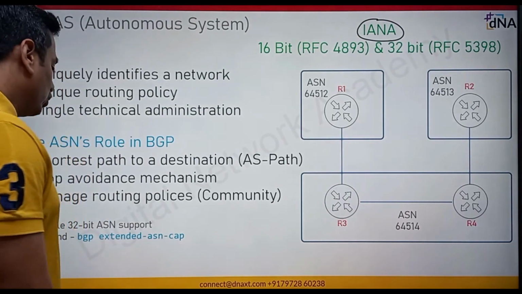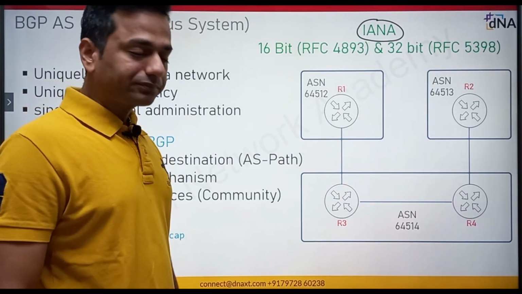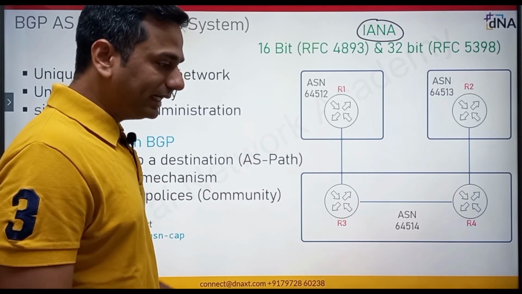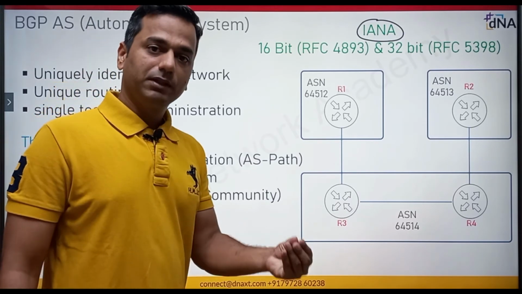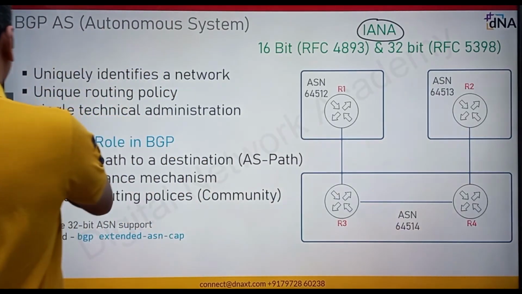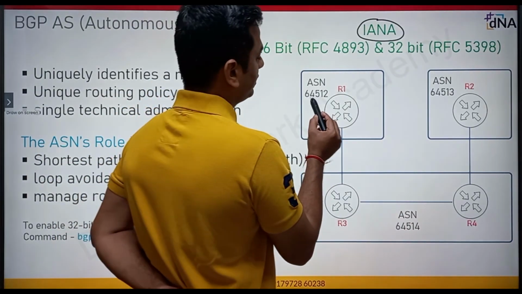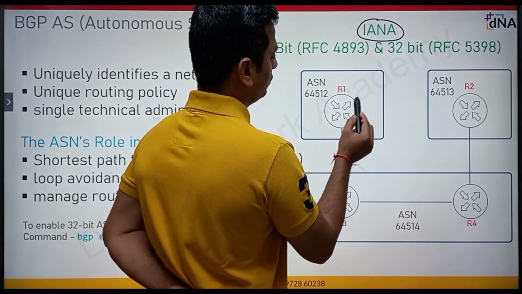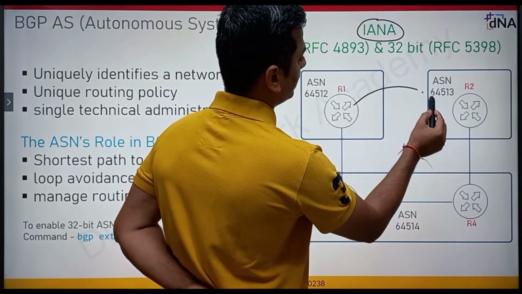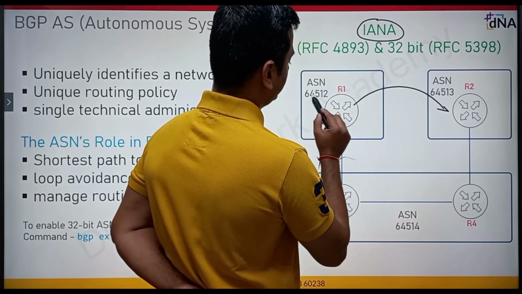Okay. Loop avoidance mechanism. How does the AS number help BGP to avoid loops? Let's discuss very quickly. Now consider 64512 advertises these routes to R2. What will happen in the route?